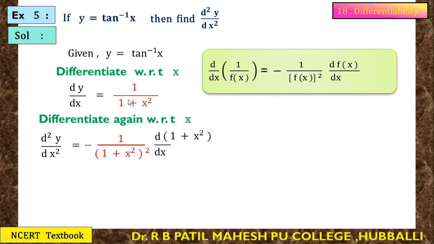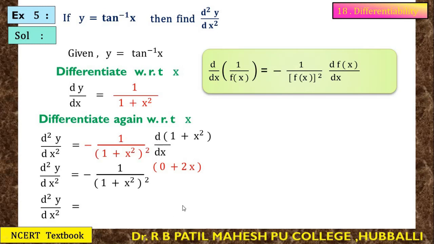Minus 1 upon square of the function and d by dx of this function. It is very simple. d square y by dx square is equal to, keep this minus 1 upon 1 plus x square whole square as it is. Now you write the derivative of 1 plus x square. It is 0 plus 2x.